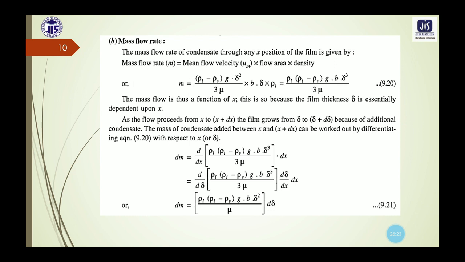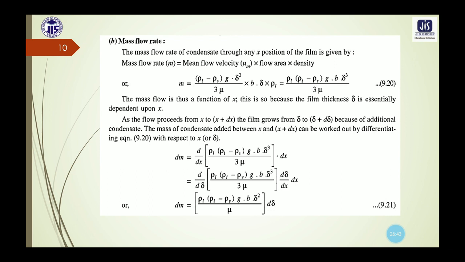This mass flow is a function of x, because the film thickness delta is essentially dependent upon x. As the flow proceeds from x to x plus dx, the film grows from delta to delta plus d delta because of additional condensate.